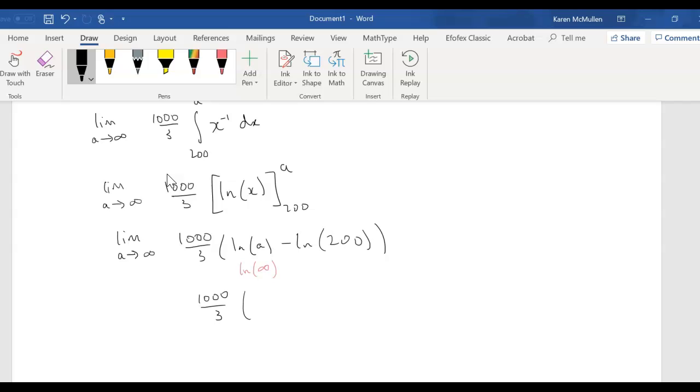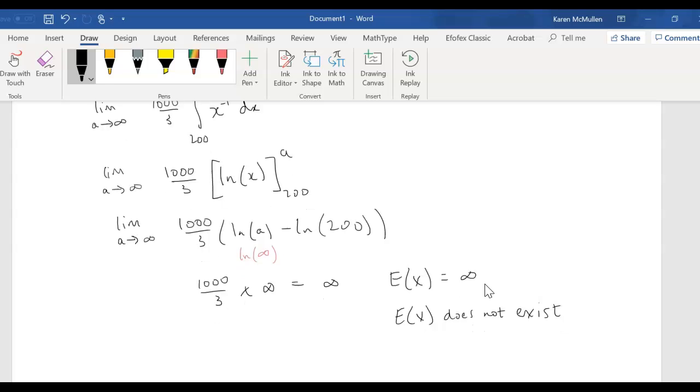It doesn't matter what log of 200 is, because infinity is a huge number. So we're doing 1000 on 3 times infinity, which is equal to infinity. With this question, the expected value we get is infinity, which you can't have. So we just say the expected value does not exist, because you cannot have infinity as your expected value.